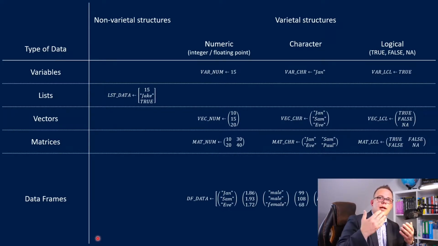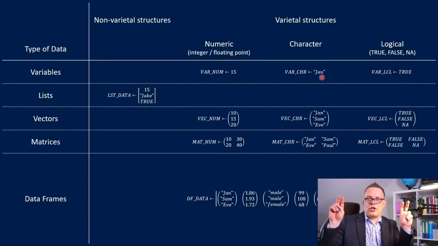Now let us have a brief repetition about what we have just learned in the first video and how we now add on additional knowledge to that. In our last video we learned about variables. We learned that there are numeric variables storing numbers, that there are character variables storing characters, and so text, and we always have to put text into quotation marks.